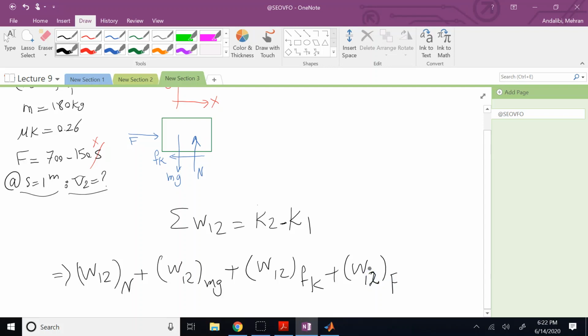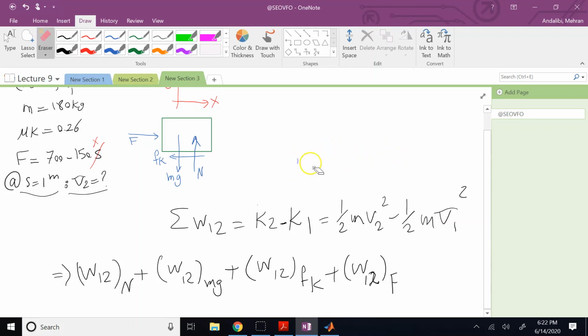Right? And you know K is always equal to what? 1/2 mv squared. So what is K1? K1 is 1/2 mv1 squared, right? So this is 1/2 mv2 squared minus 1/2 mv1 squared. And how much is v1?